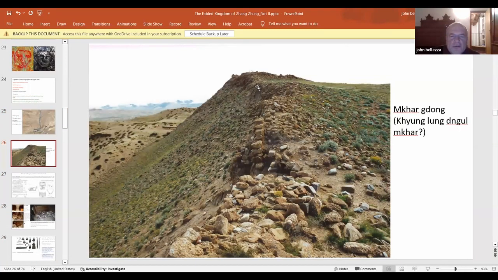This is Kardung. This is the fortress there, which appears to be the Kyunglung Ngulkhar, the capital of Shangshung mentioned in old Tibetan sources.